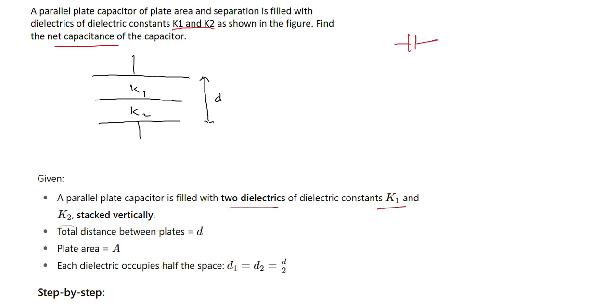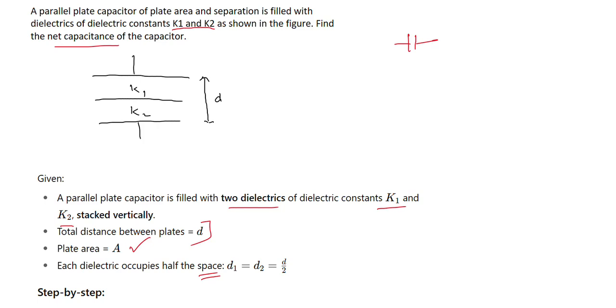The distance between the plates is D and the plate area is A. Each dielectric occupies half the space, that is D1 and D2. D1 is equal to D2, which is equal to D by 2.